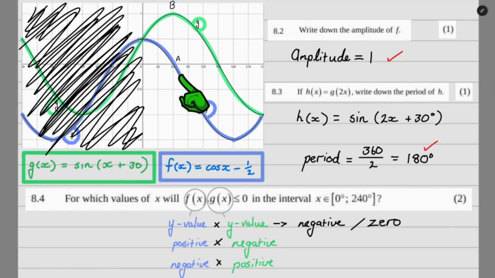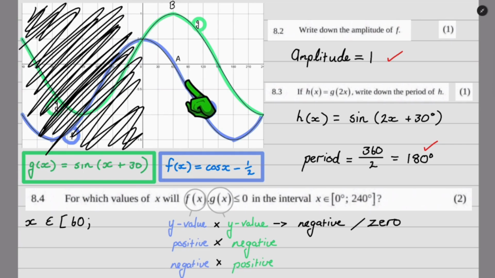Now all of a sudden the blue graph has a negative y value, and the green graph has a positive y value. So it's working after 60. So I'm going to start formulating that over here. This is saying it starts happening at 60, and I'll put a square bracket because we have an equals to inequality over there.